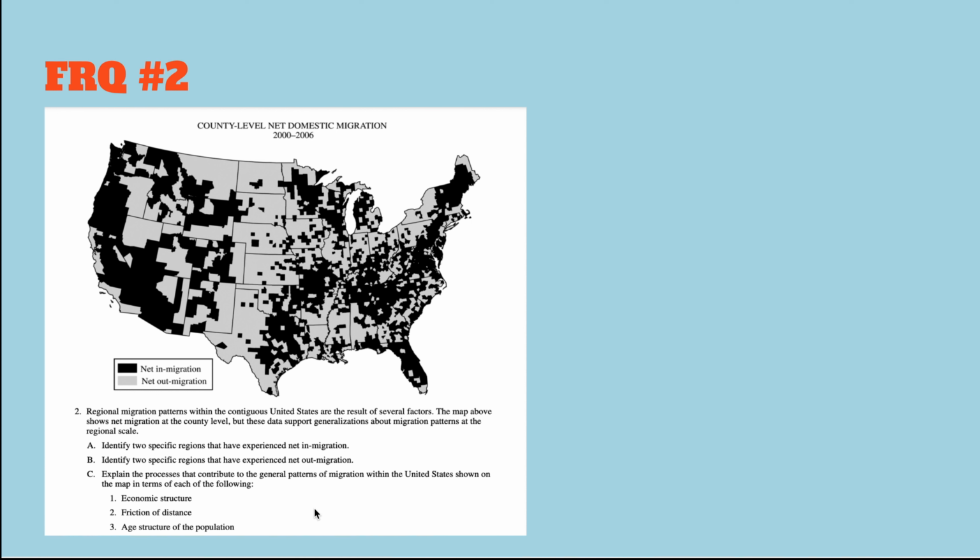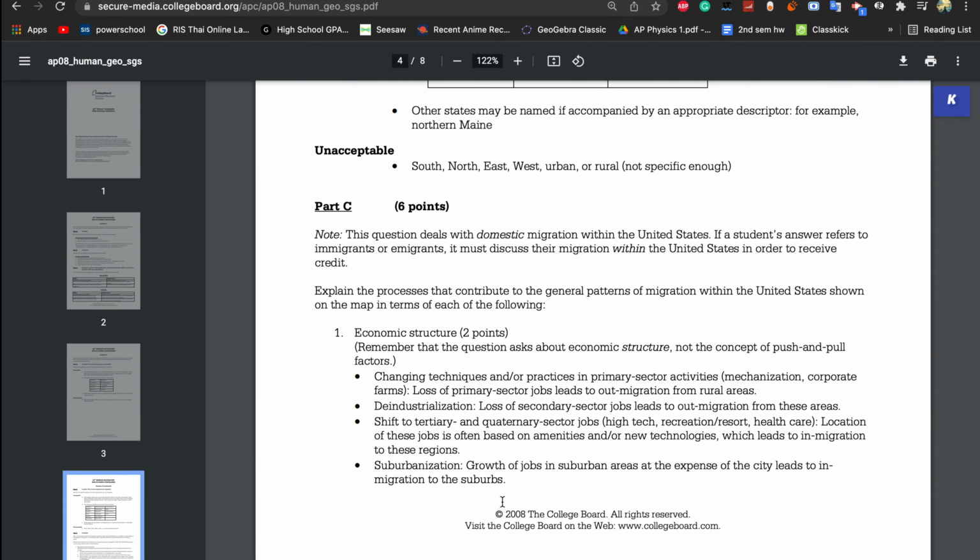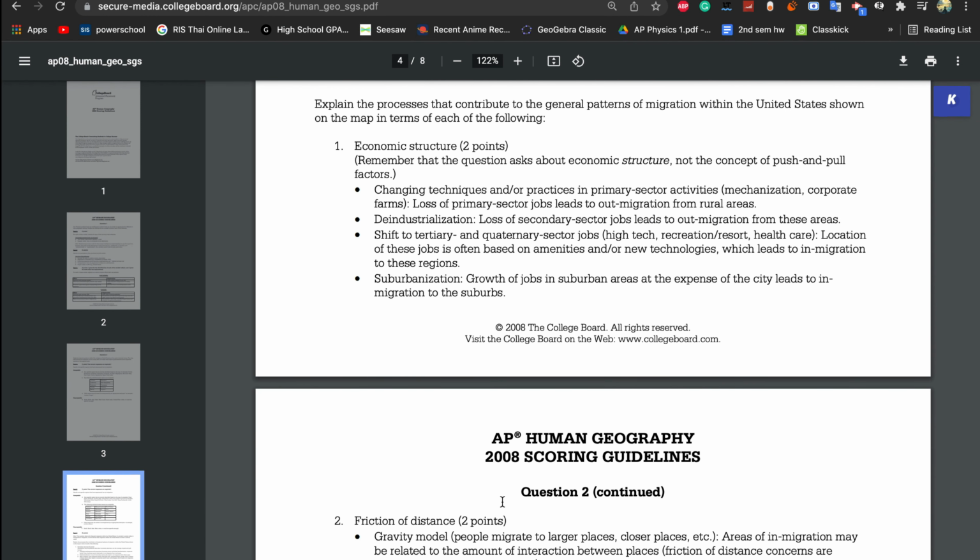And number two, as we discussed, interaction based on distance. Now, economic structure, you could say they're changing techniques, practices in the primary sector, which we'll go into more detail, but pretty much that deals with raw materials as the primary sector, deindustrialization.